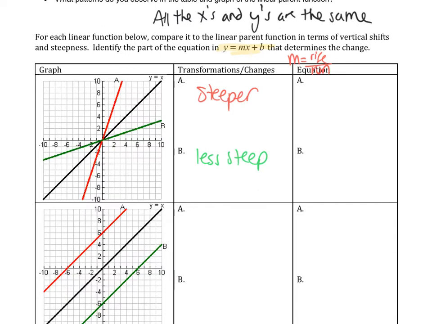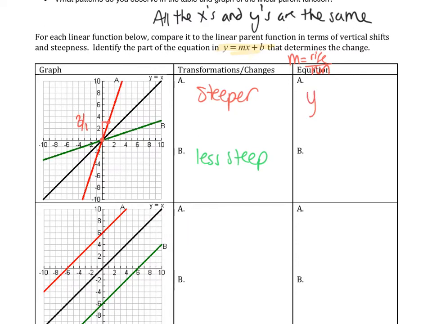If I start at the center here, I count how many I go up and across until I hit the next dot on line A. I go up 1, 2, 3 spots and right 1 spot. So 3 over 1 becomes my slope, which is just 3.